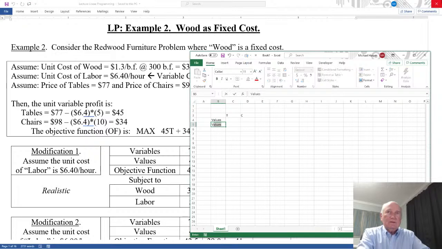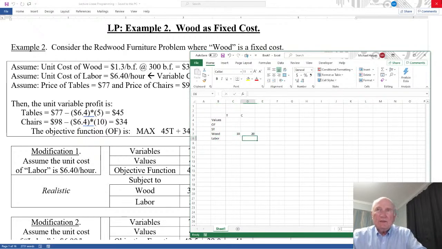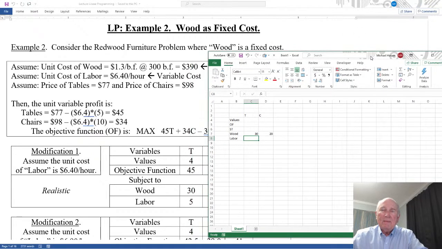This is the objective function. And this is such that we have wood and then labor. This is 30 and 20, and this is 5 and 10, and this is 300, 110.